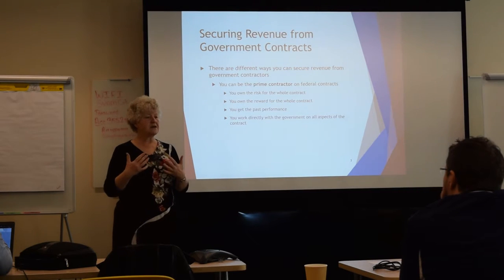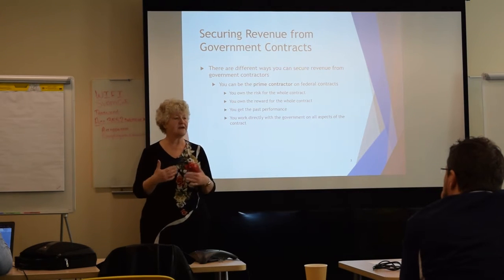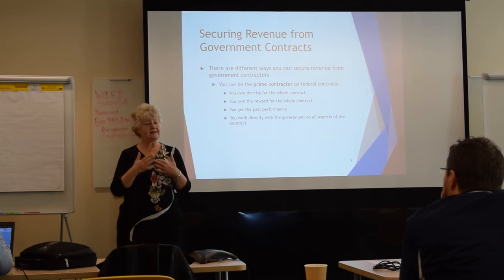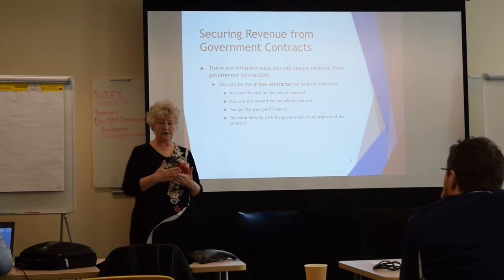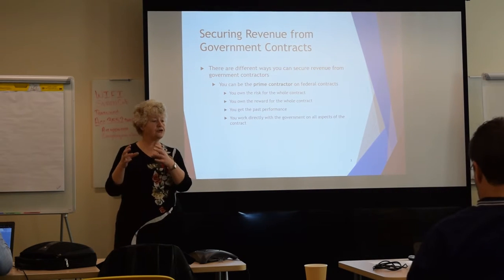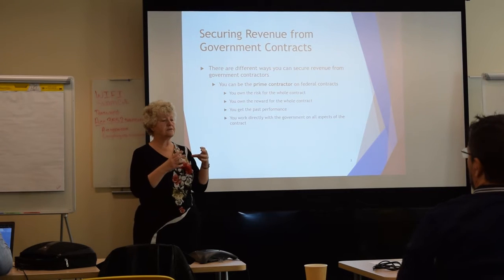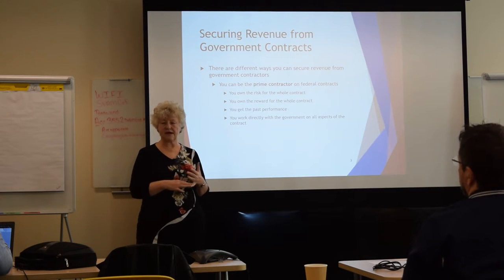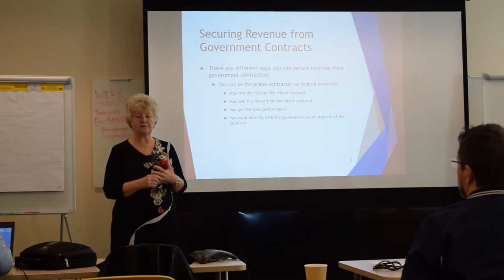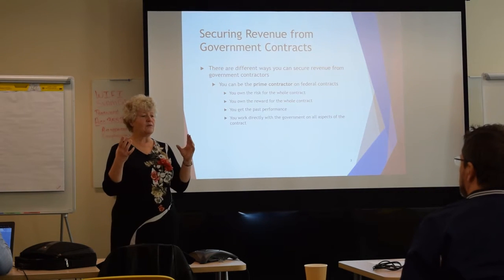And the reason why this becomes important is because when you have a contract directly with the government, at the end of every year, they will evaluate your performance. And they will put your performance into a rating system. There's several out there. One is CPARS, and one is PPIRS.